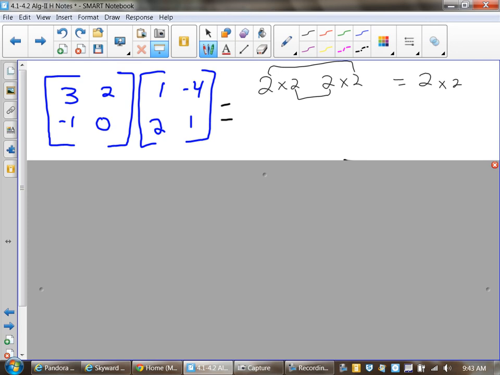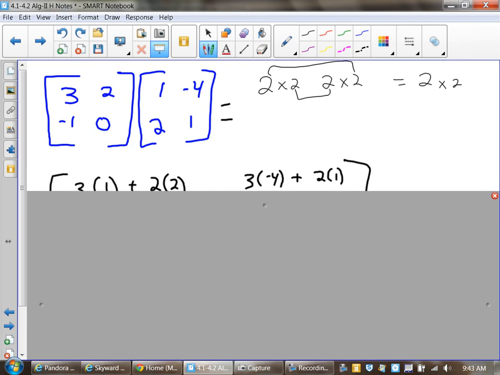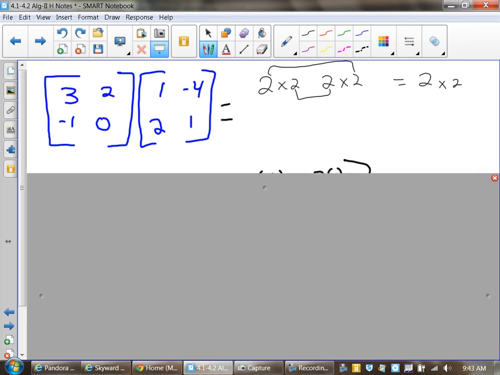Now here's a little trick. Since we know it's going to be a 2 by 2, what I want to do is make a big bracket. It's going to be a 2 by 2, which means I'm going to have 4 entries. I'm going to write down this pattern.